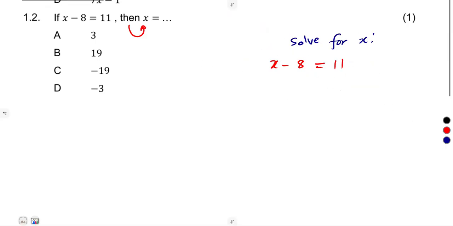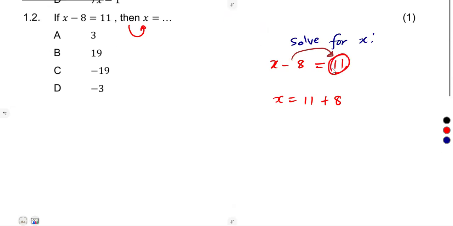All right, so we do understand from our linear equations, we can take the minus 8 to the other side. The moment it jumps the equal sign, it must change the sign that we are given. So therefore, x is equal to 11. The moment we take this to the other side, it becomes what? A plus. It changes the sign that you're given there.